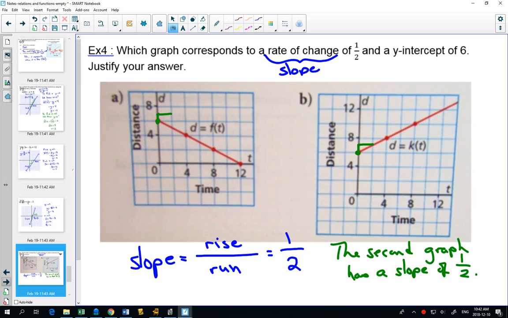The second graph has a slope of 1/2. We can show that. The first graph, when the line goes down like that, we need a negative in there. To have a rise of -1 would mean that it goes down 1 first and then over 2 to the right.